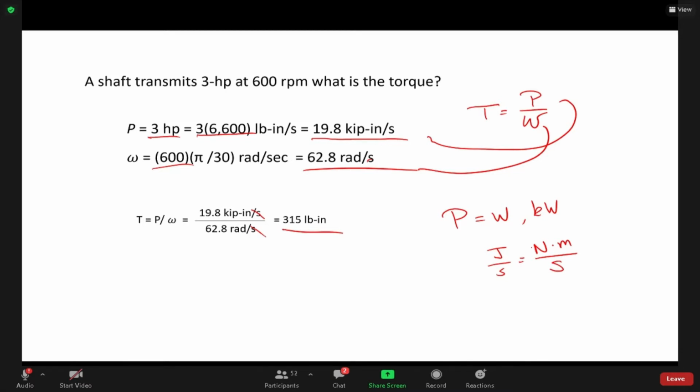So if you have kilowatts, you'll probably get your torque in kilonewton meters. You still have to change from RPM to radians per second for SI; that's not an SI thing. So not a big deal. Watch the units. If they give you a power and a frequency, that means you know the torque.